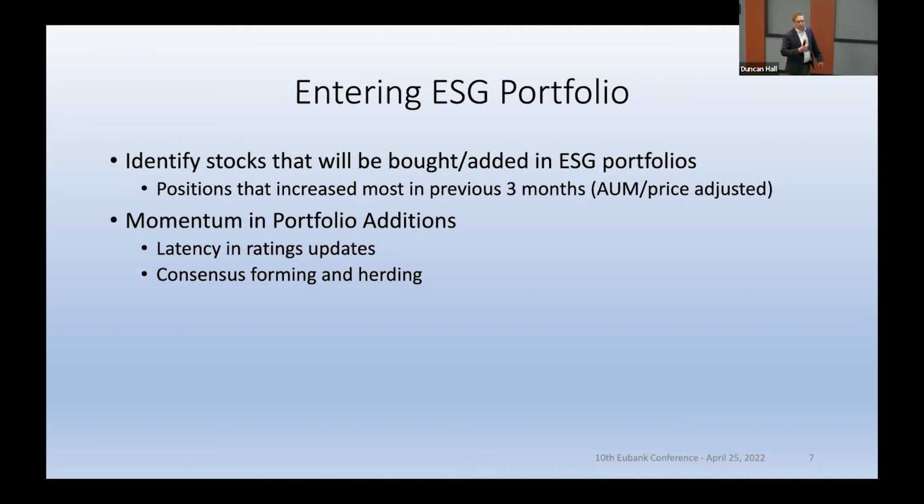There's also a well-known effect from analyst ratings in general and portfolio managers: there's consensus forming and herding. People like the confirmation bias of finding out that other people are doing what they're doing. So when one ESG manager adds a stock, it gives permission for other ESG managers to make the same decision.